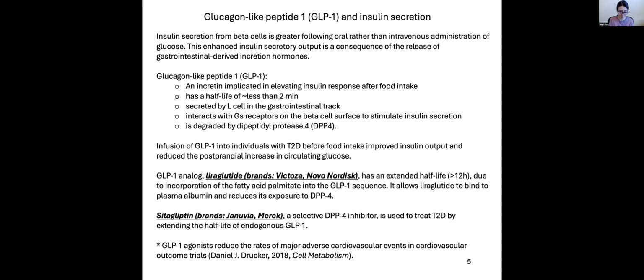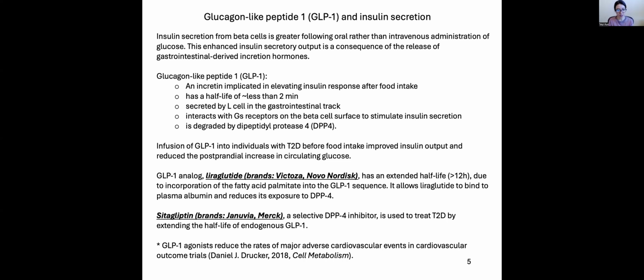We learned from looking at the insulin analogs that if we play around with the amino acids within the sequence of insulin or modify the insulin by adding other entities onto the insulin sequence, we can modulate its half-life. So here, another example is shown by the GLP-1.